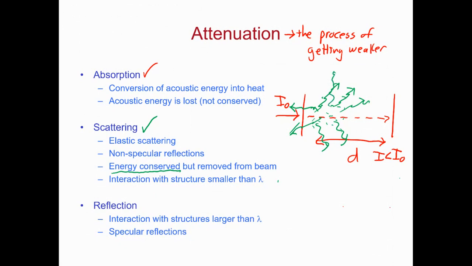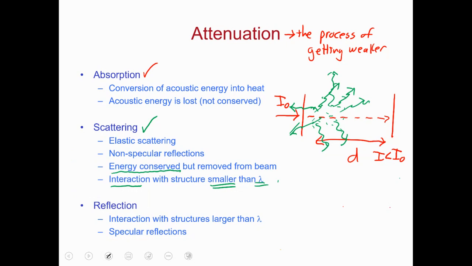Because if it's scattered out orthogonally, that's not doing anything for you anymore. It's not getting down to the depth that you wanted. Generally, this is going to be due to interaction with structures smaller than the wavelength. So if we're dealing with millimeter-sized waves here, things that are 10 microns, you're not going to get a good echo off that, but they can scatter the beam intensity, and then it's just lost.